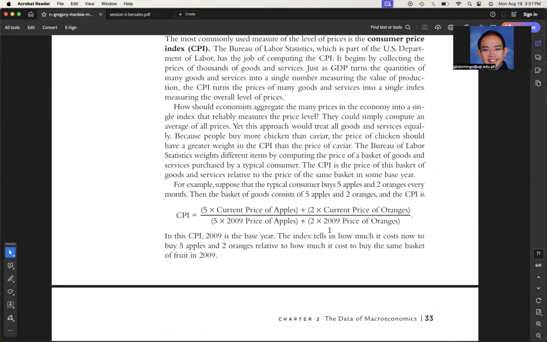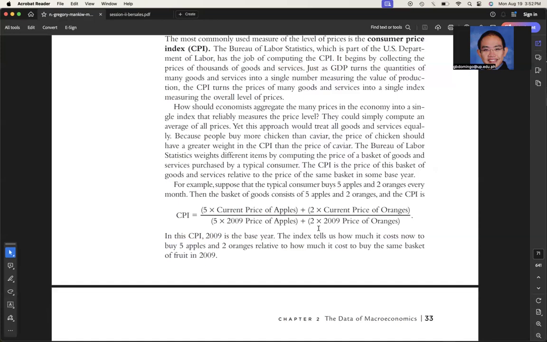In the sense that if you take a look at the denominator and the numerator, they both look super similar to nominal versus real GDP, except in CPI, these fives, these twos, those are the quantities. So in real GDP, it's the quantity that moves, and you're keeping the price at the base level, right? But in CPI, you're interested in the prices.